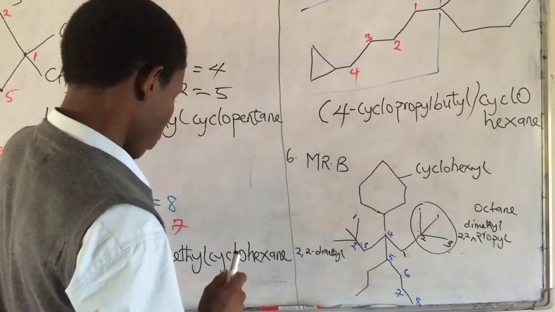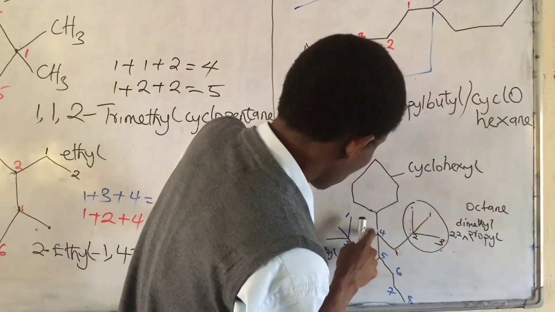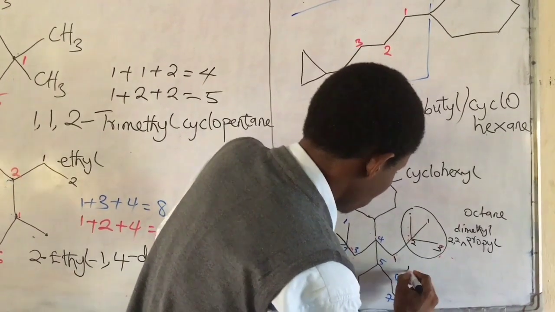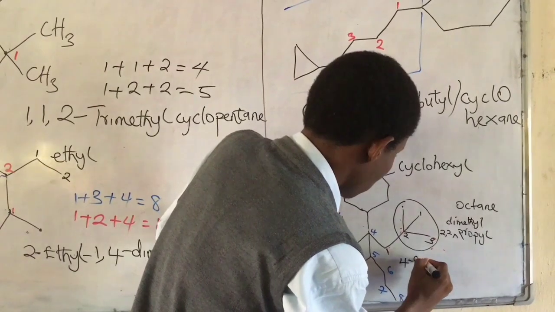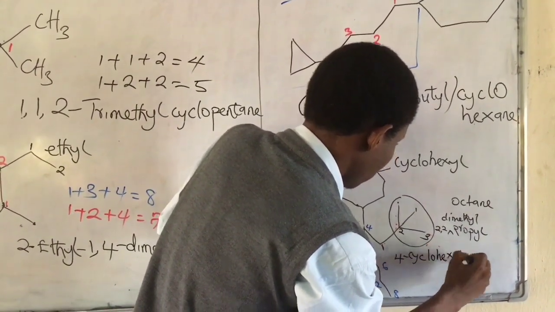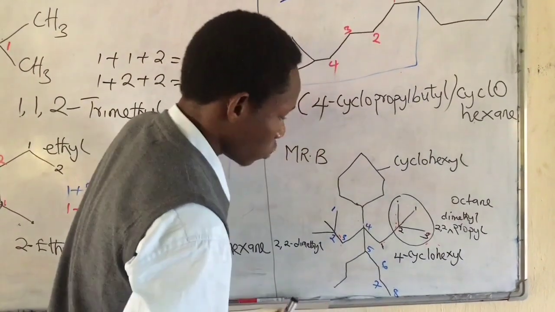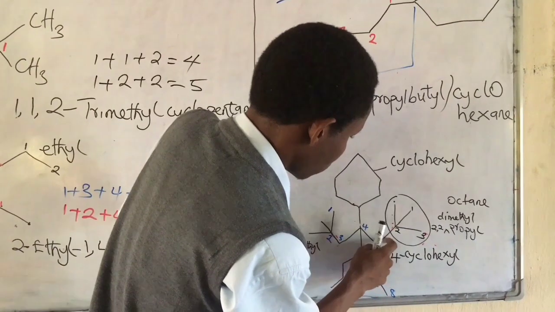Let's get the name of this compound. Okay. We have 4. Which is this 4? 4 what? Cyclohexyl. 4-cyclohexyl. We've gotten that. Okay, let's go to the next substituent, which is this.